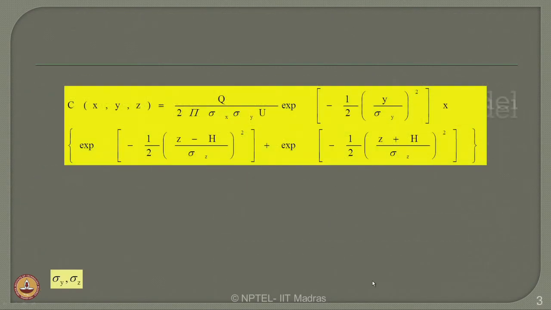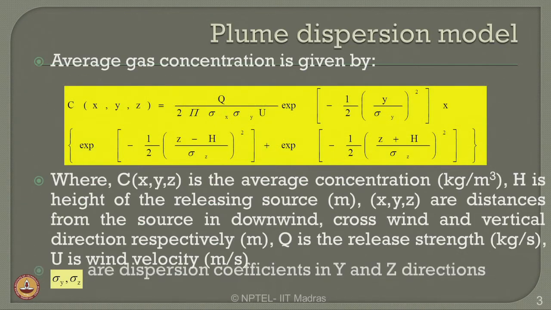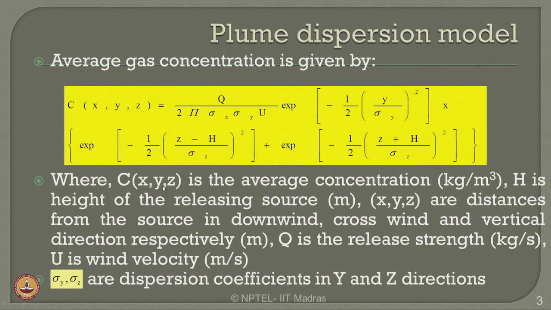C(x, y, z) is the average concentration of the gas released using a plume dispersion model, given in units of kg per cubic meter. H in this equation is the height of the releasing source, given in meters. x, y, z are the distances from the source in the downwind, crosswind and vertical directions respectively, all of them in meters.